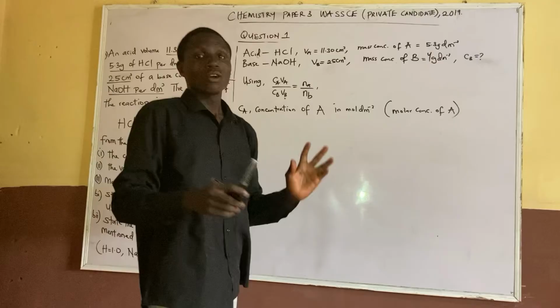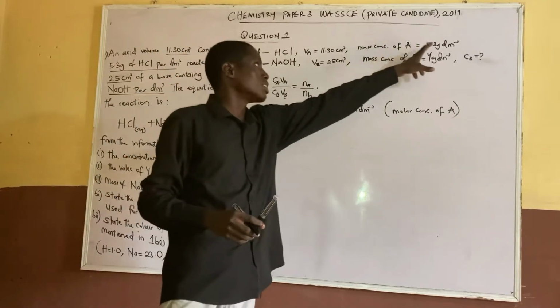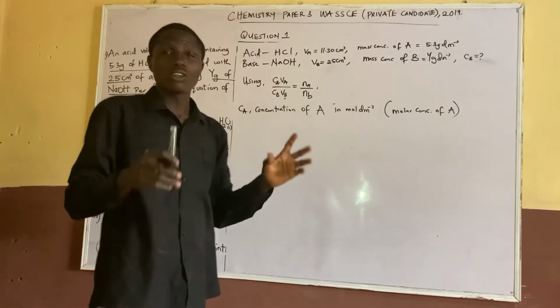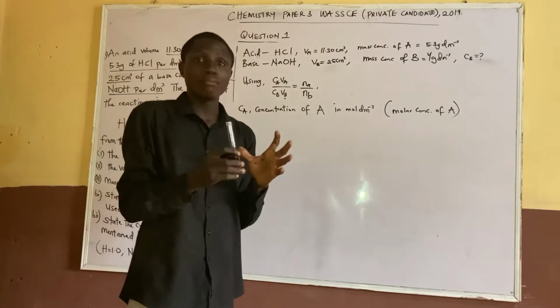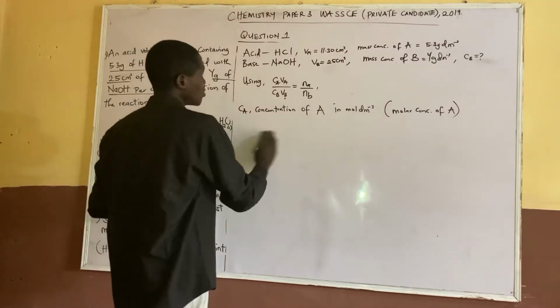Mass concentration is in gram per dm cube, while molar concentration is in mole per dm cube. And these concentrations are related by a specific formula.